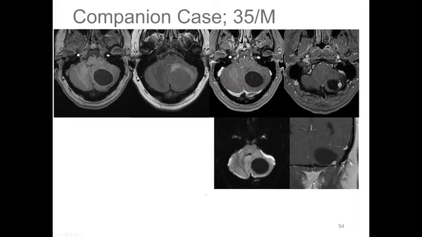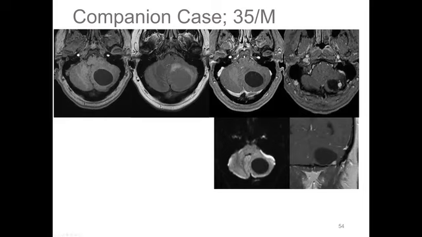How about this one? We see a cystic tumor in the cerebellum with solid portion enhancement and no restricted diffusion, even in the solid part. But one important thing is that today's topic is pediatric brain tumors. Look at the age. The patient is too old.